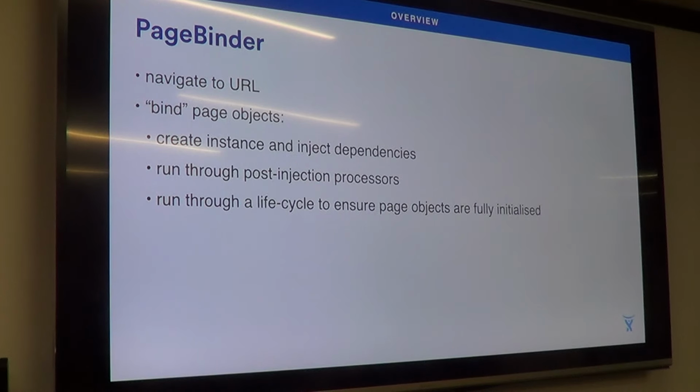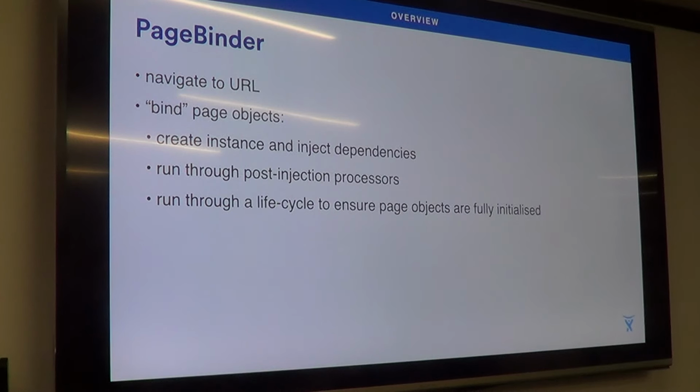So the life cycle of what happens when you do bind is that the page object is instantiated. Then if it has any fields annotated with inject, it will inject dependencies as Spring or Guice would do. Then it will run through something called post-injection processors.